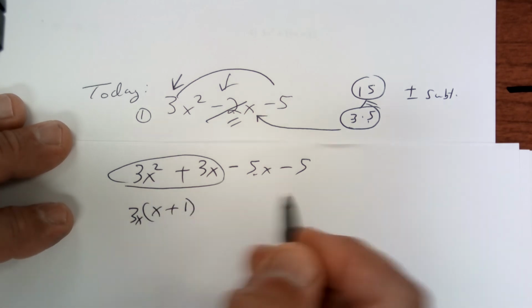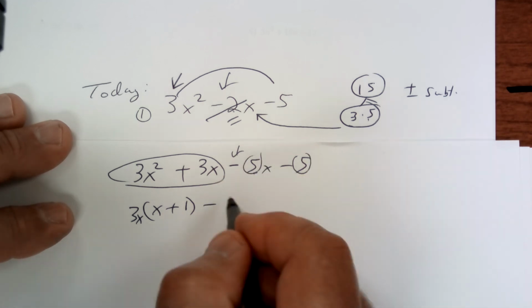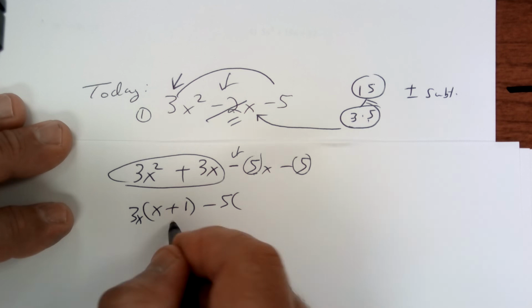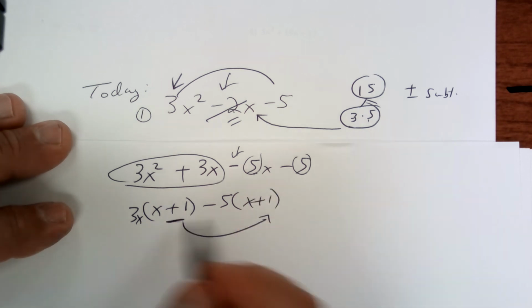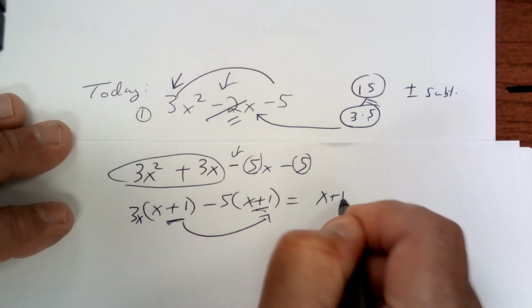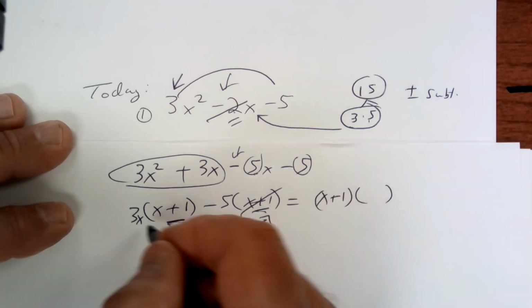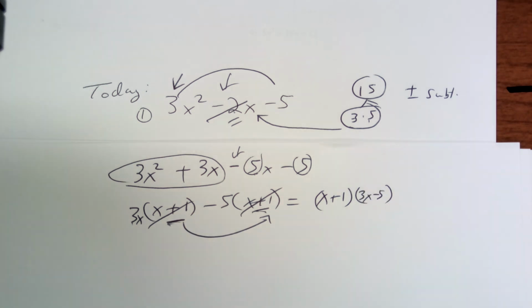And then here it's a negative, so you got to factor out a negative and a 5. So this is going to change to the same thing as that. So just put x plus 1. Now this is the same as this. So you're going to factor out an x plus 1. And when you factor that out, you're left with 3x minus 5. It is harder, okay, and that's how you do it.